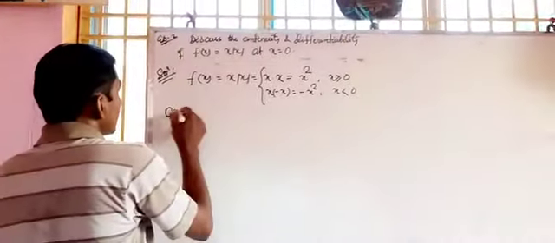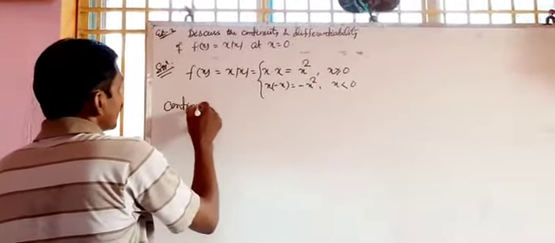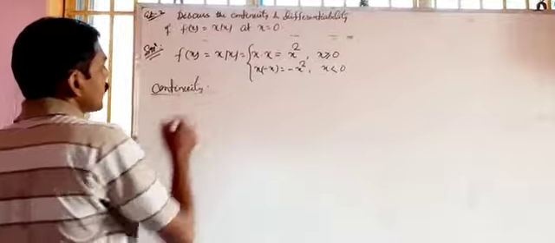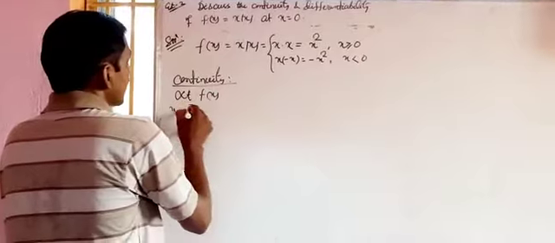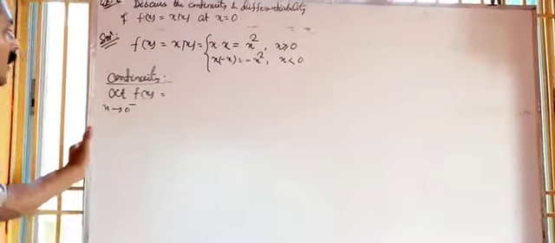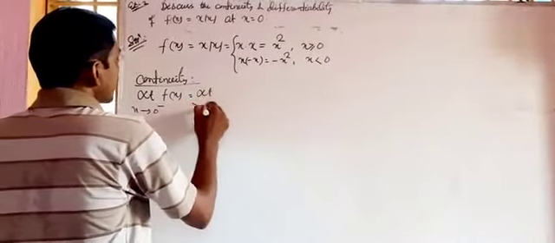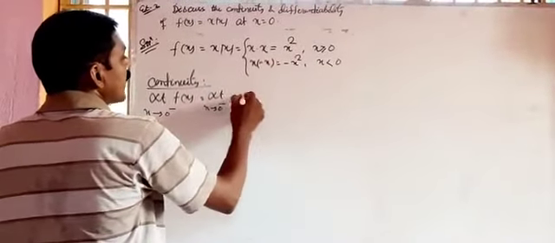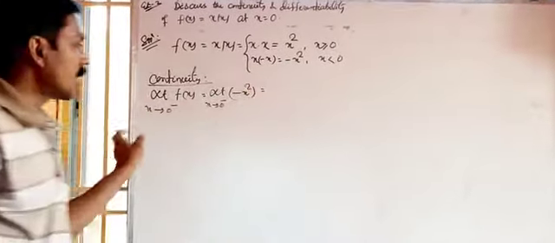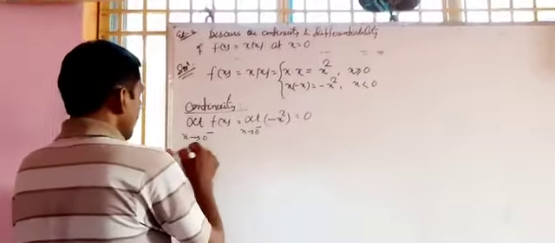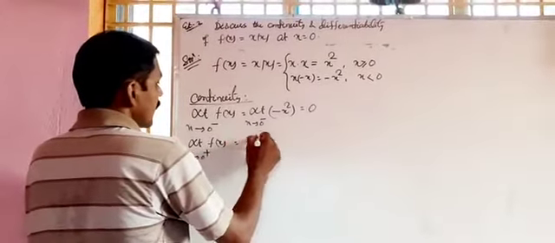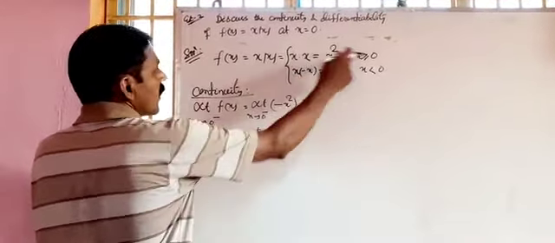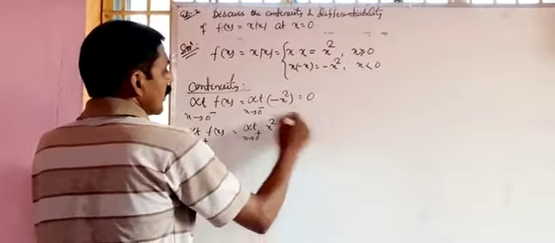Now first, continuity. Limit of f of x as x tends to 0 minus: for x less than 0, the value is minus x square, and it is an algebraic function, so directly in place of x you can put 0, so it is 0. Similarly, limit of f of x as x tends to 0 plus: it is x square, so it is also 0.